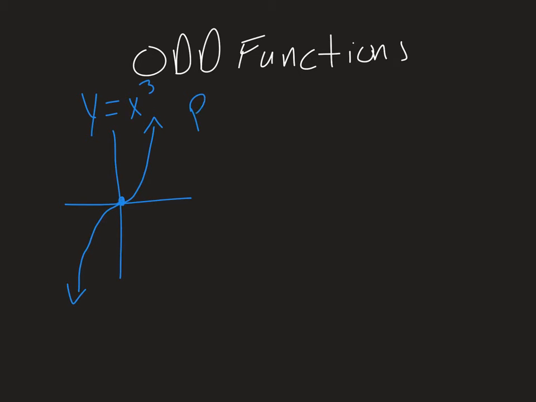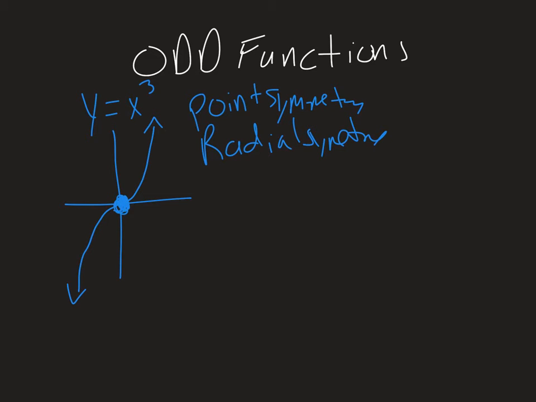A lot of textbooks will call it point symmetry, also radial symmetry. The idea is the origin is the pivot point, and if you think about x cubed, you should be able to pivot this thing 180 degrees and it'll line up with itself perfectly. So whether you prefer the term point symmetry or radial symmetry, it's about the origin.